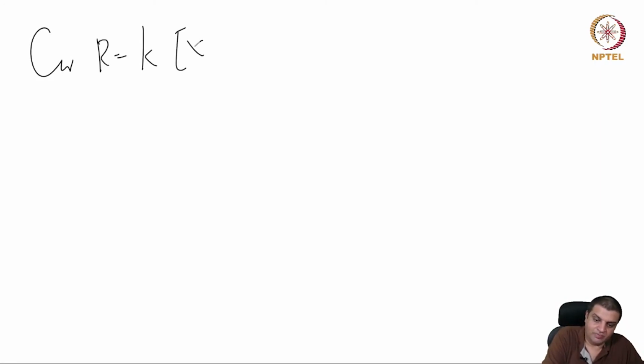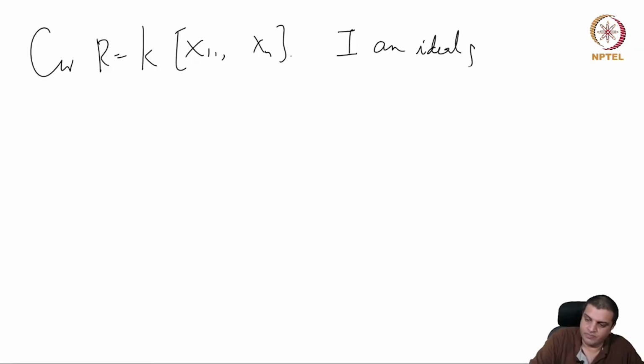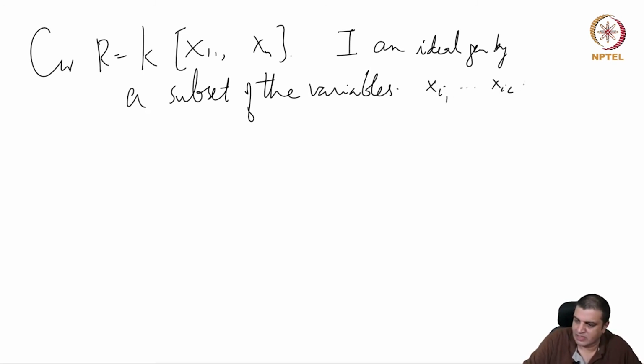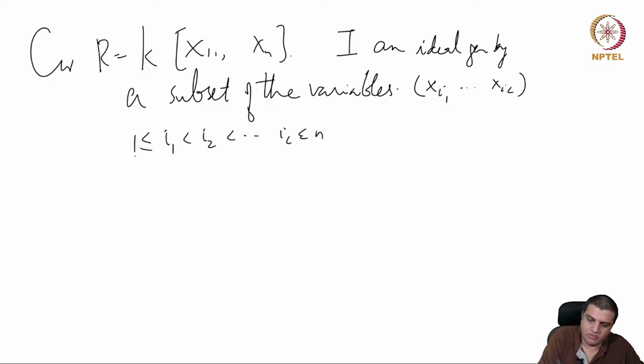And now we can go back. We worry about the polynomial ring now. Okay. I, an ideal generated by a subset of the variables. Okay. Let's just say xi1 through xic, where i1 less than i2 less than ic. Okay.